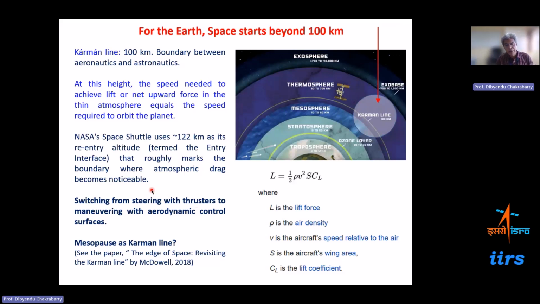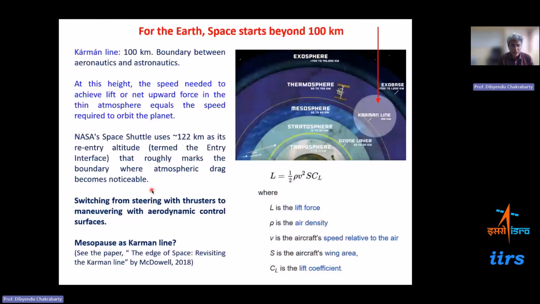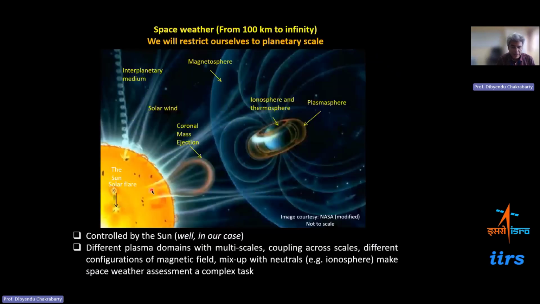In today's talk, because I'll be talking about space weather or near Earth space, I'll be mostly talking about regions above 100 kilometers or so. What is space weather? We know about terrestrial weather at the ground, where we have rainfall, wind speed, and cyclones.